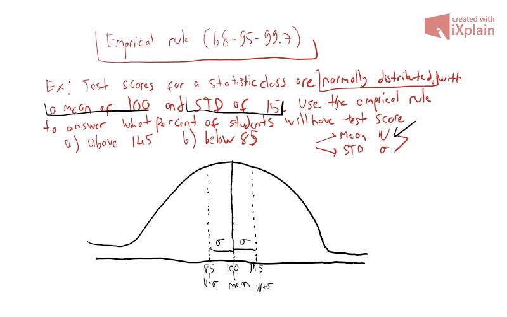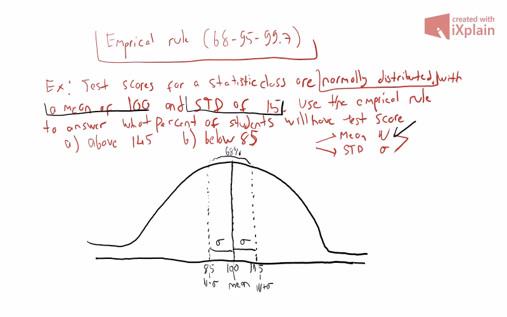Again, if this is something new to you, please go back to the previous lecture and understand what normal distribution is. Okay, based on the empirical rule, I know that one standard deviation is what? We said approximately 68% of the values fall within one standard deviation. So this area here is 68%, right?